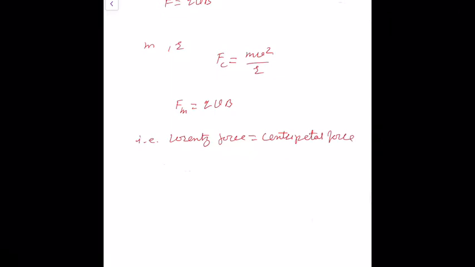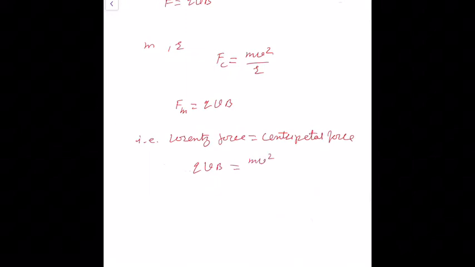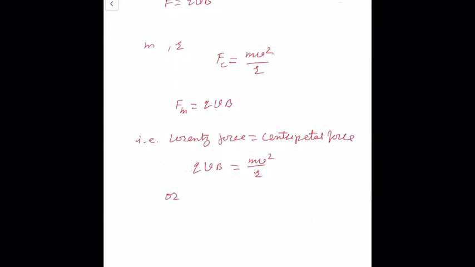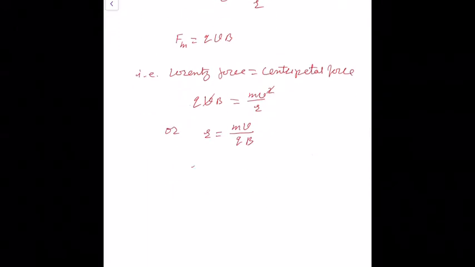Okay, that is, Lorentz force is equal to centripetal force, means qvB is equal to mv square upon r, or v and v cancel, so r is equal to mv upon qB, or we can write r is equal to v upon (q by m) into B.